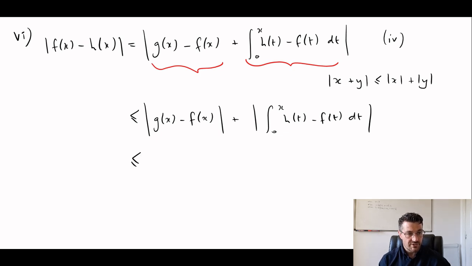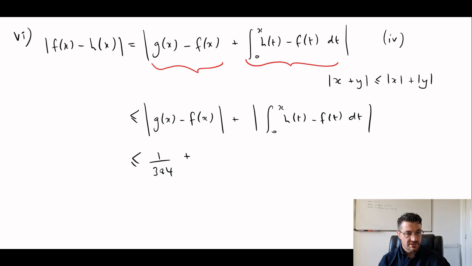Now we've already shown that f is an excellent approximation to g, less than or equal to 1 over 384 or something like that. I can't remember. Let's just write it as that.